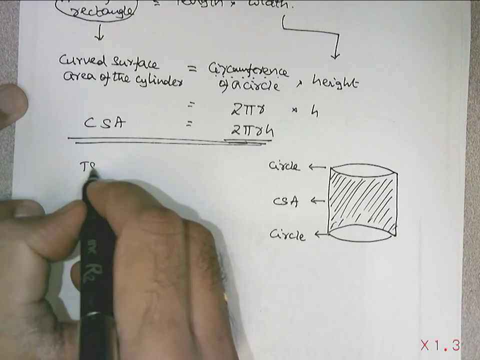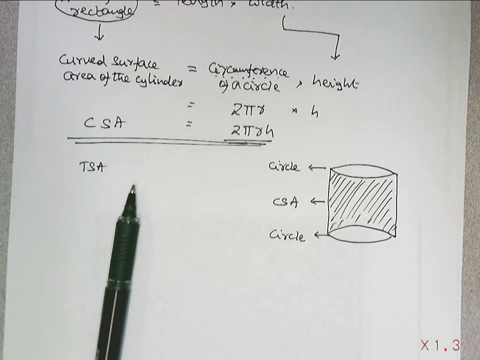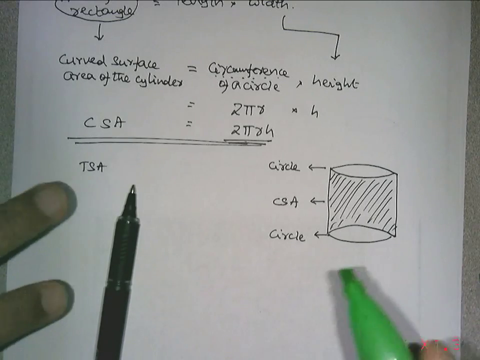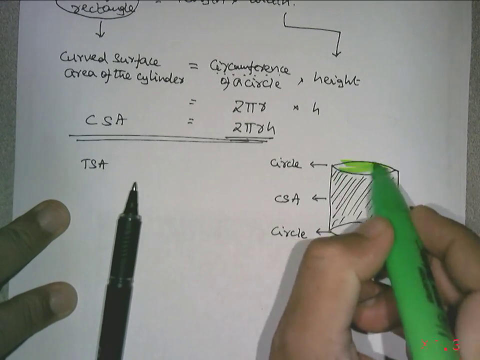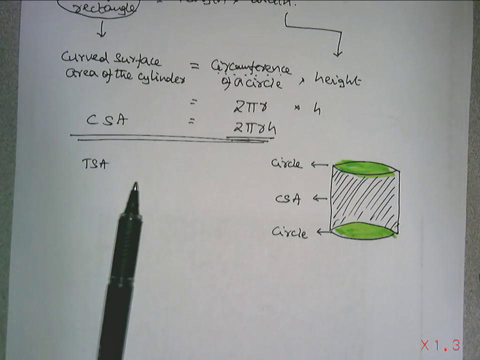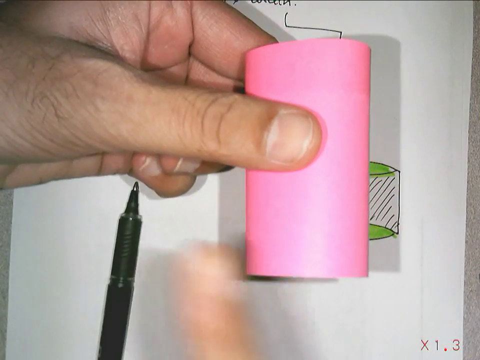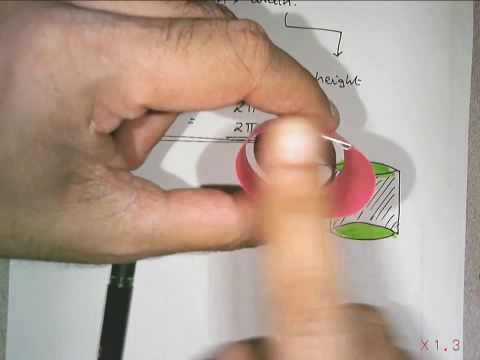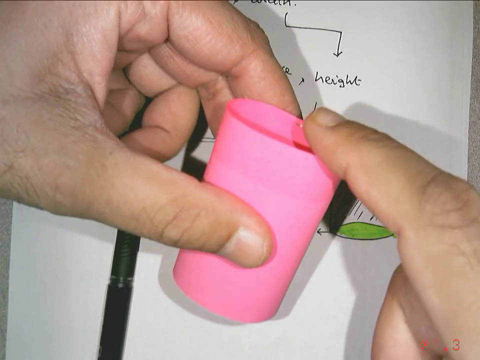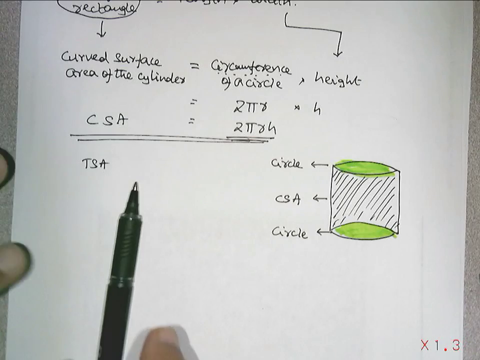If you want total surface area, then here we have to include the circles and the curved surface area: the curved surface area plus one circle at the top, one circle at the bottom.